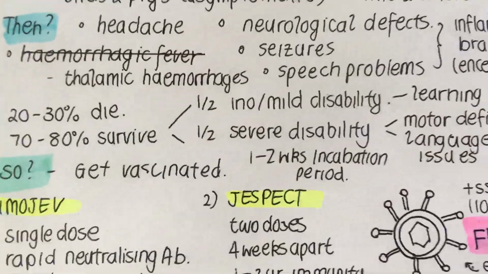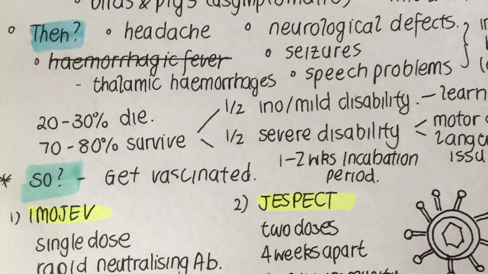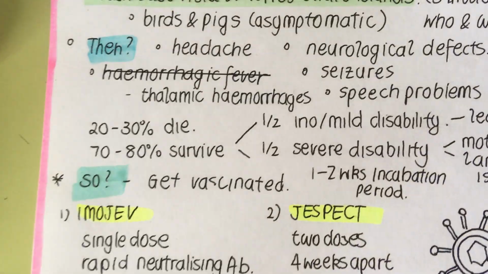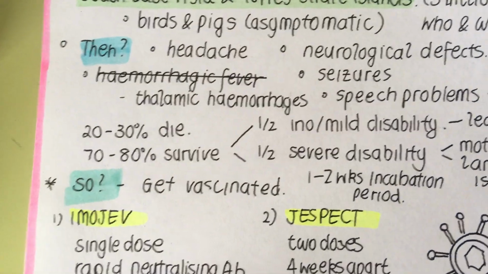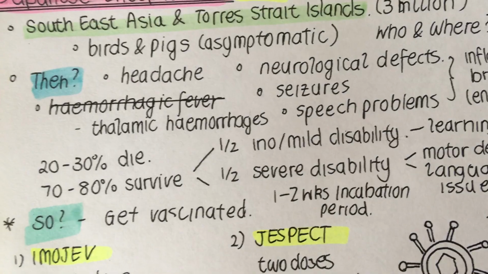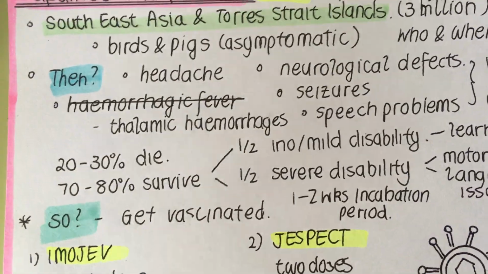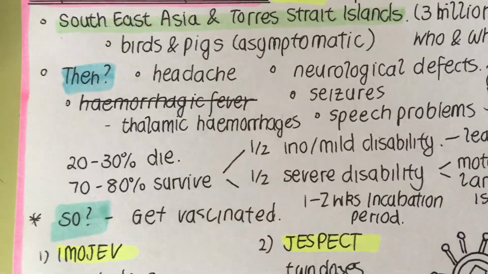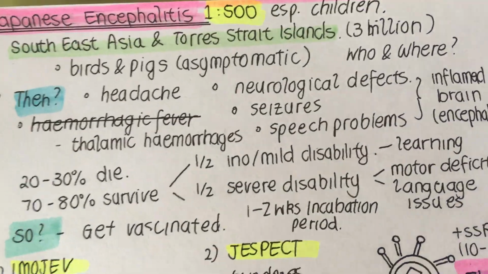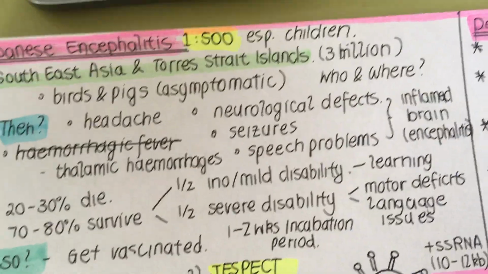In other words, encephalitis. So it is clearly a very serious condition. You can even get something called thalamic hemorrhages, which is when the thalamus really swells and begins to bleed. Now, in 20 to 30% of the apparent infections, the individuals die, and in 70 to 80% they survive.